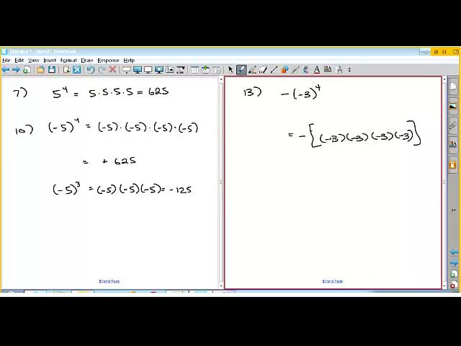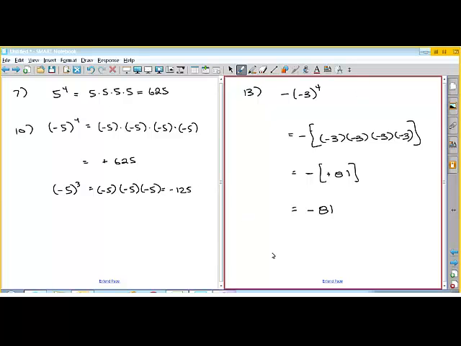I've got an even number of negatives, so the number in the bracket is going to be positive, and I'm going to have 3 times 3 times 3 times 3, which is 3 times 3 is 9, times 3 is 27, times 3 is 81, so it's going to be positive 81. But then I have this negative sign out in front, which means that I change the sign of whatever's in there. So I get negative 81.